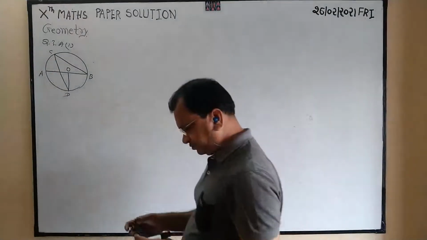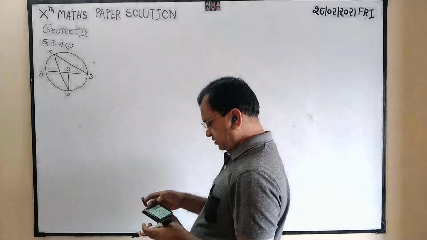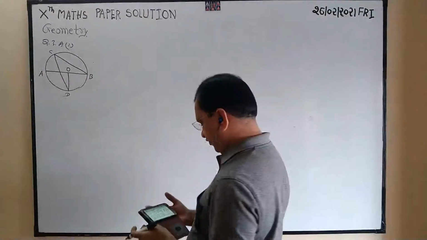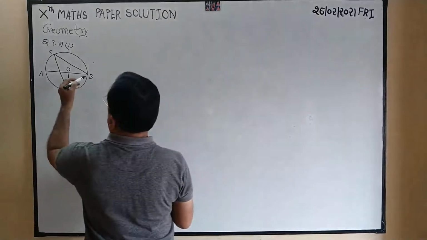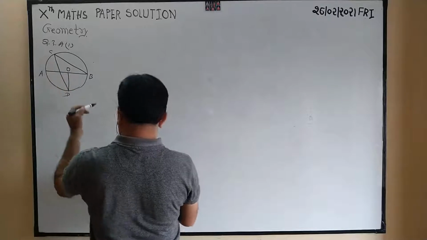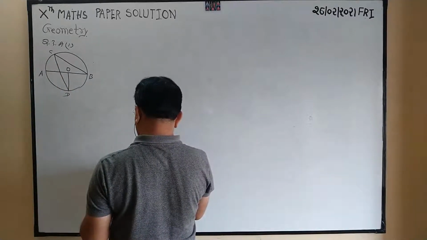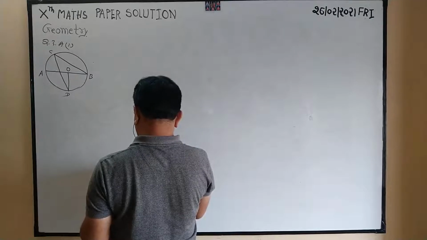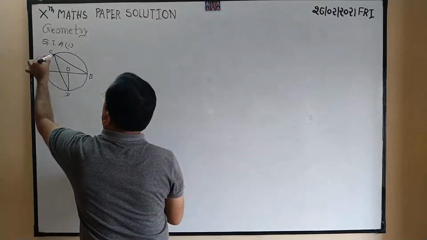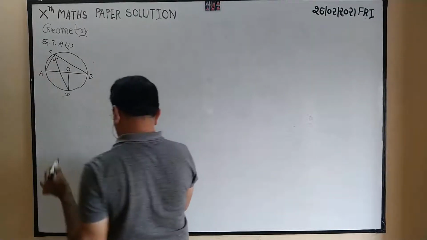This is given. AB is the diameter, bisector of ACB. These are equal.